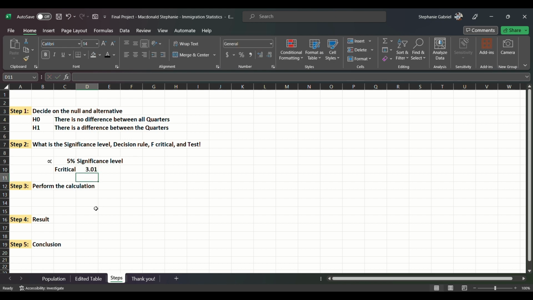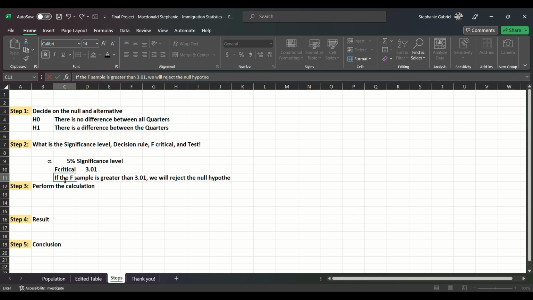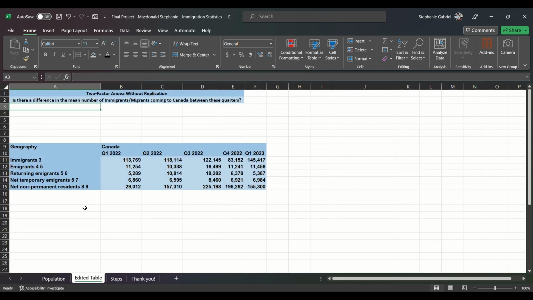So the decision rule would be: if the F sample is greater than 3.01, we will reject the null hypothesis. So we've got the significance level, decision rule, and F critical. And of course, we know what test we are doing, which is the two-factor ANOVA without replication.